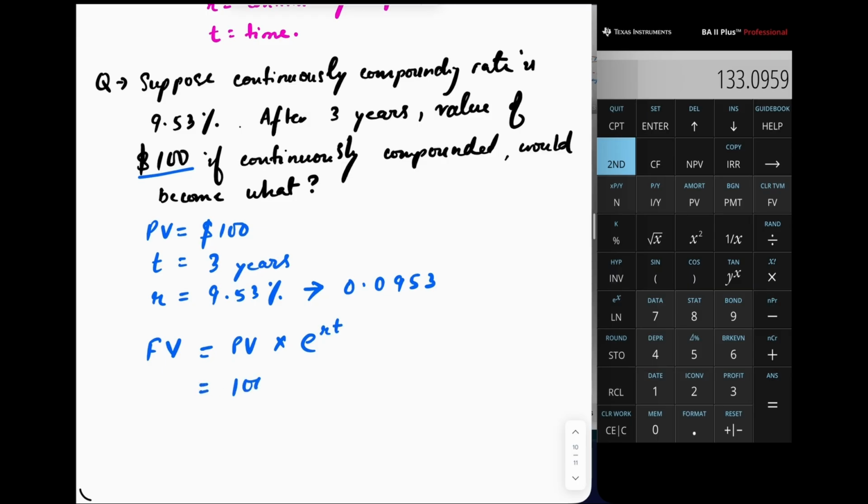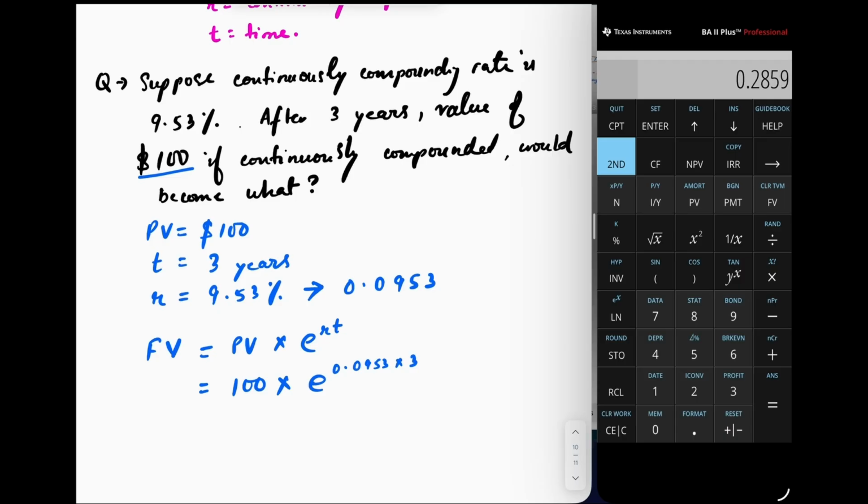Present value is 100, r is 0.0953, T is 3 years. Let me just calculate this part, 0.0953 into time 3.